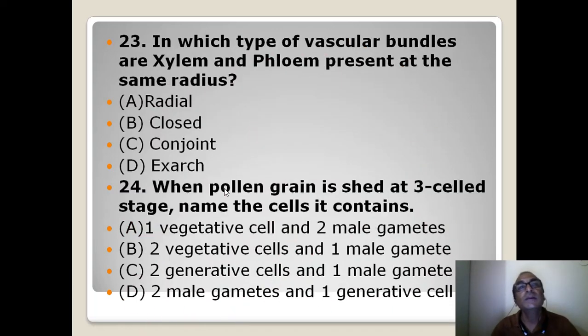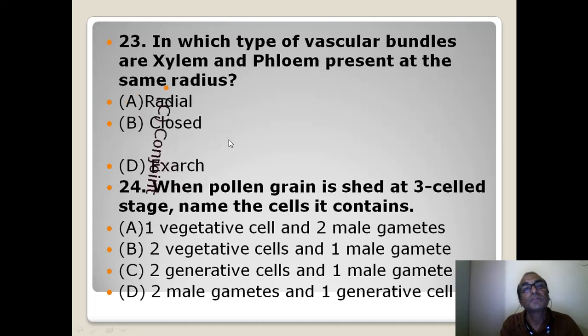Question number 23. In which type of vascular bundles are xylem and phloem present on the same radius? The options are radial, closed, conjoint, exarch. We know that such vascular bundles are called conjoint. C is the right answer.